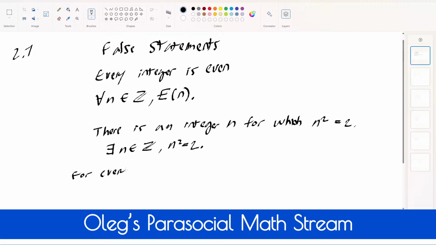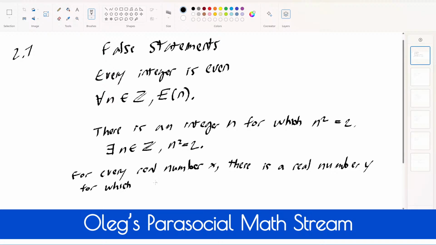For every real number x, there is a real number y for which y squared is equal to x.